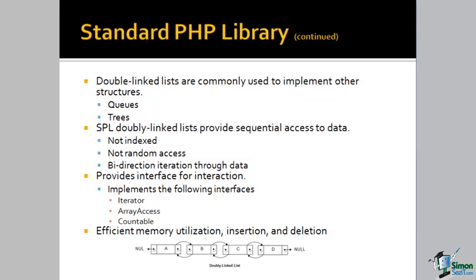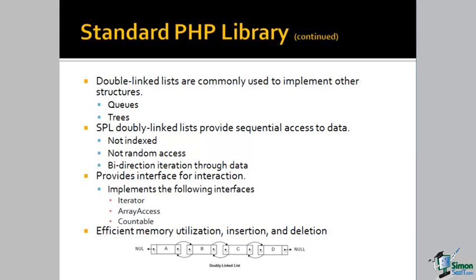A doubly linked list, such as that provided by the SPL, allows for sequential access to the data. This is not random access such as is available with an array, but we can move forwards or backwards in a list of data. It is not an indexed list, but it allows us to move in either direction through the data.